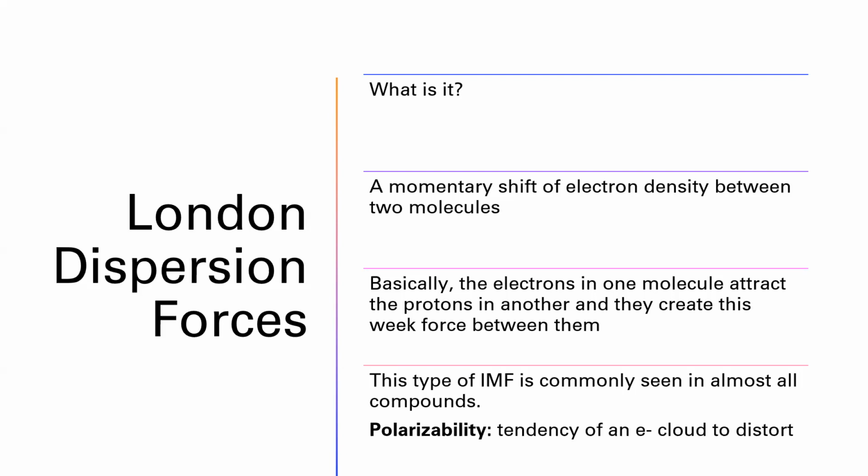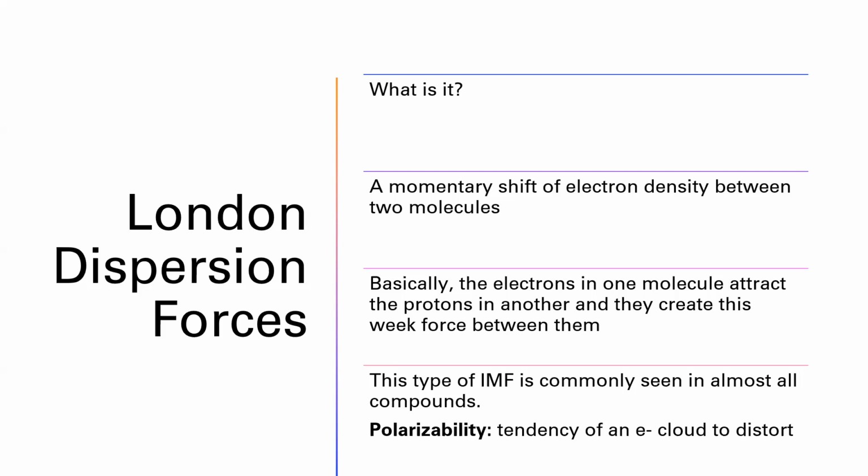The negative charges in one attract the positive charges in the other. It's almost as if there are two magnets in balloons attracting each other. That makes all the magnets focus on one side of the balloon where they can touch each other, and the rest of the water in the balloon is free to go wherever. That's a visual of what's going on with London dispersion forces.